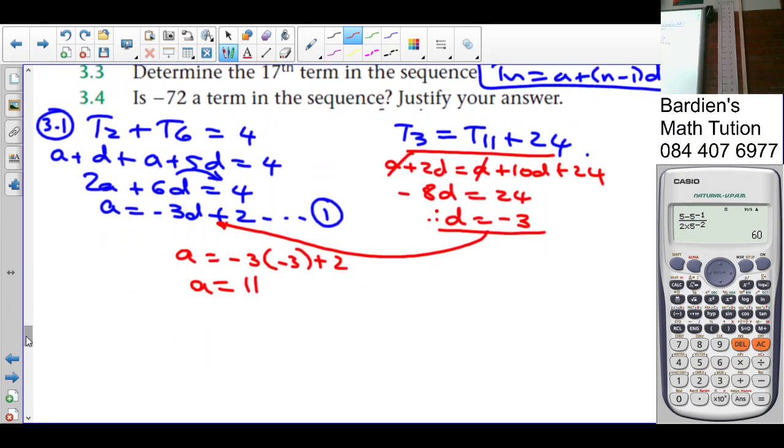So my first three terms are going to be A, A plus D, A plus 2D. So it's going to be 11, 11 minus 3 is 8, 8 minus 3 is 5. These are the first three terms of your sequence. So what was the problem here when you did the sum? I didn't know that I could just go straight into D is equal to negative 3.